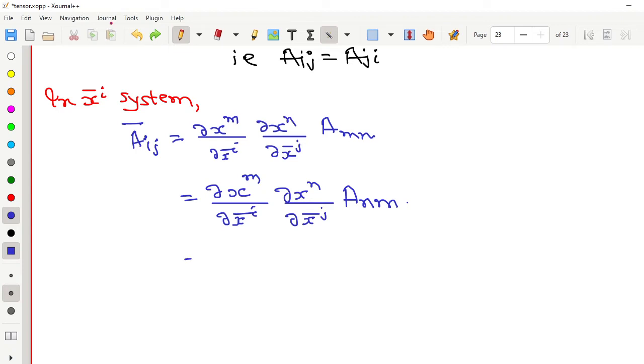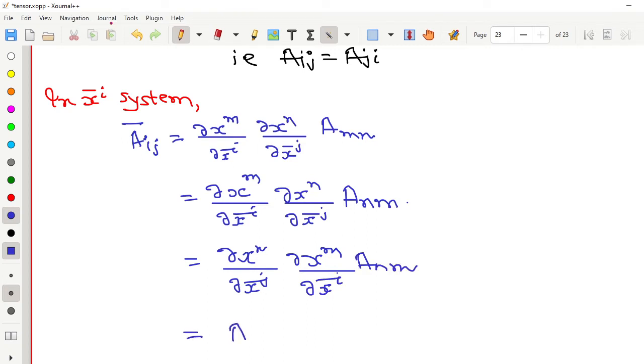Now what can I write over here? Let me write del x^n by del x bar j, del x^m by del x bar i, and this is a_nm. Can I say that this is the transformation rule of a_ji? If there is a_ji, then the transformation rule of a_ji is this, not of a_ij bar. Don't look at this; write the transformation rule of a_ji.